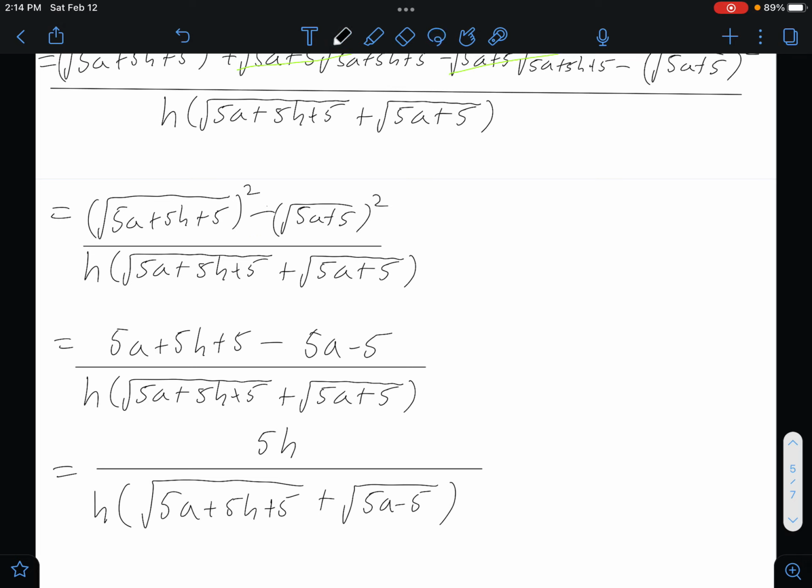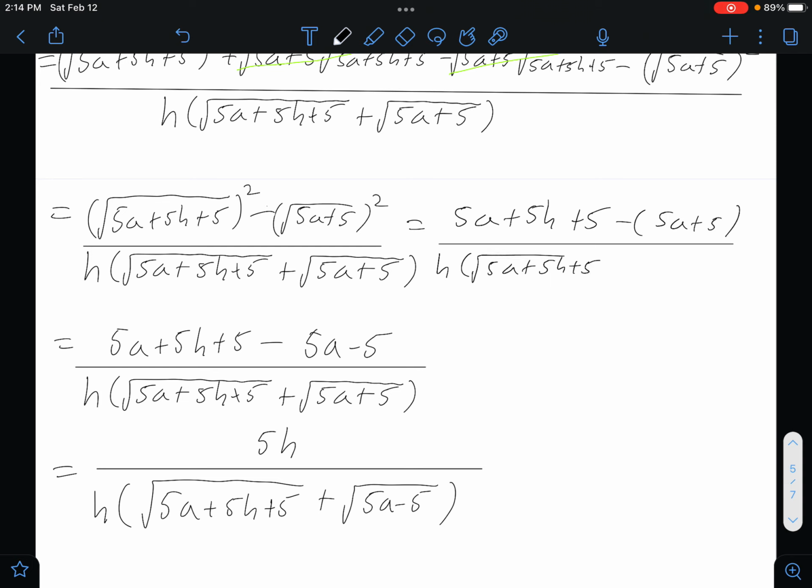So I'll rewrite, actually, let's not be lazy. 5a plus 5h plus 5 minus 5a plus 5, divided by h times 5a plus 5h plus 5, which is inside the radical, plus 5a plus 5, which is also inside the radical. So what happens here is that we have distribution, and that becomes minus 5a minus 5.